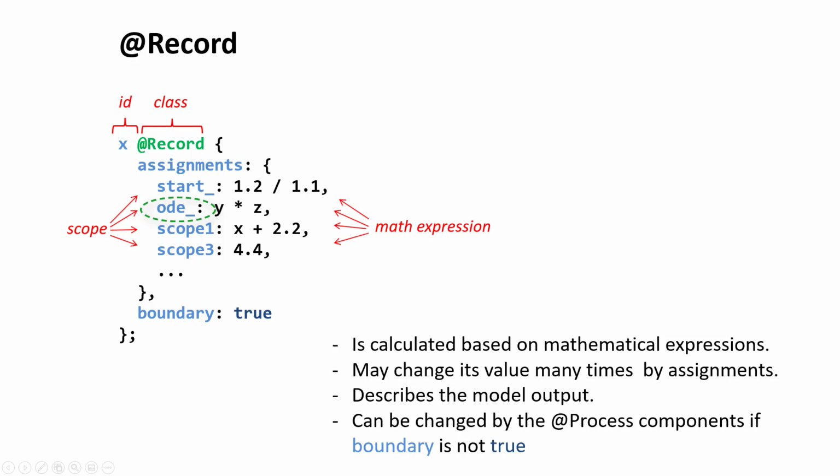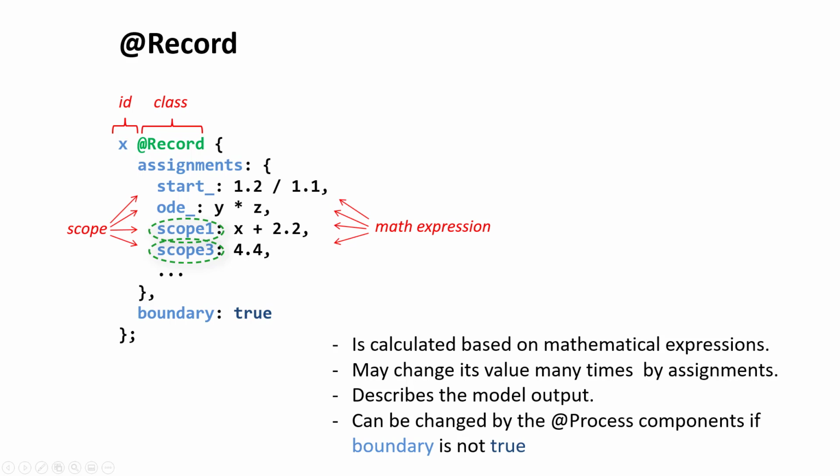If you use both start and ODE, the start will be omitted because ODE runs at each point, including the initial one. And what about the other scopes? Users can define other scopes when they create events, but we're going to talk about it in other lessons.